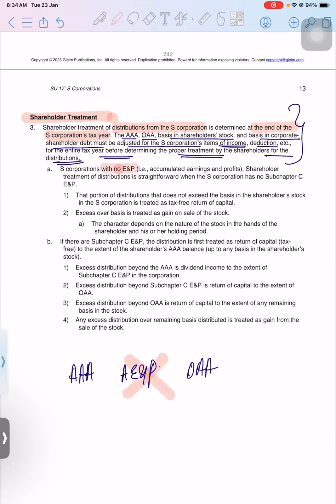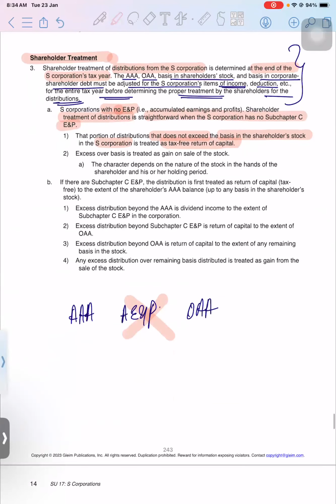With no ENP, shareholder treatment of distribution is straightforward when the S Corp has no subchapter C ENP. It's very simple. The portion of the distribution that does not exceed the basis in the shareholder stock in the S Corp is treated as a tax-free return of capital. Up to the amount of basis, you need to consider it a return of capital.